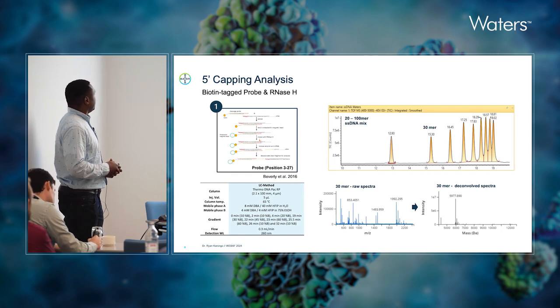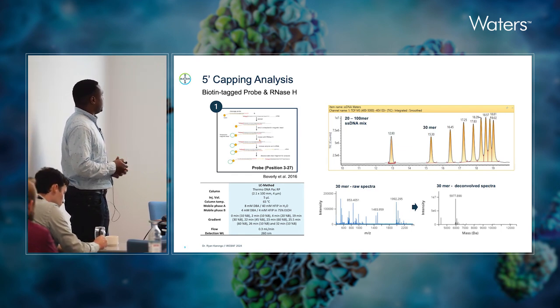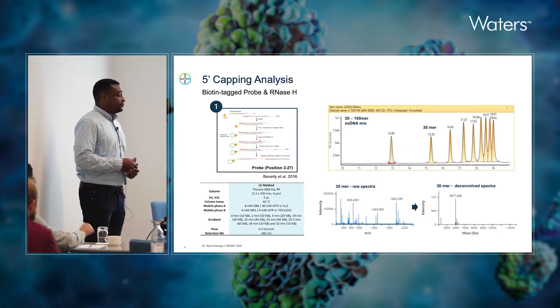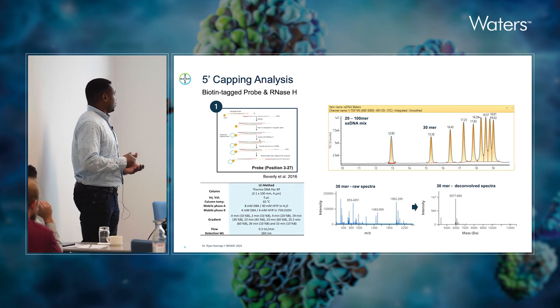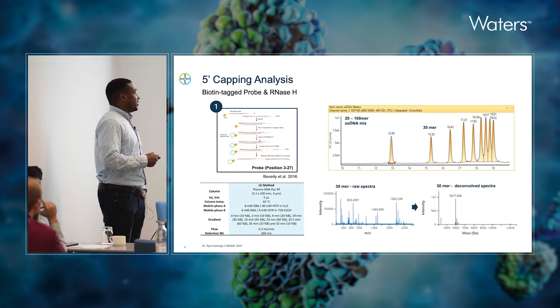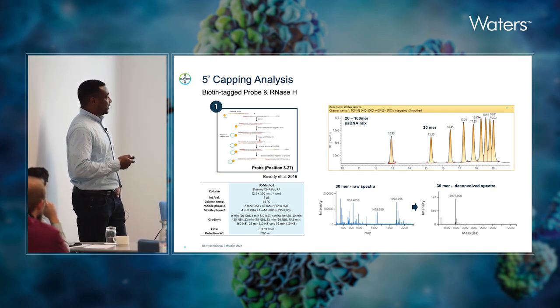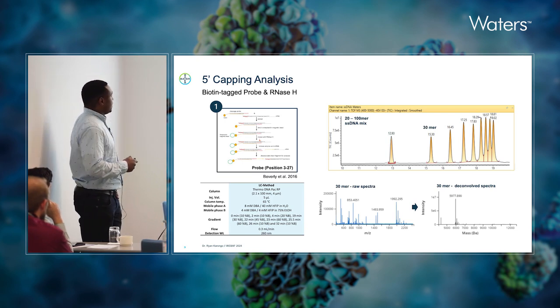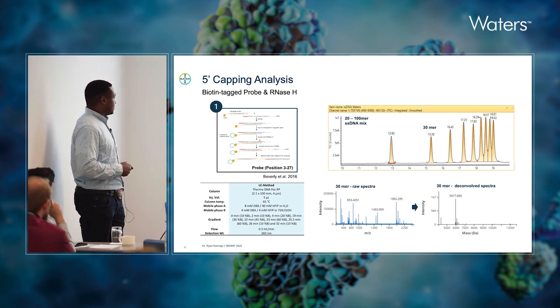So we perform the digestion. According to protocol, we use a probe which is 3 to 27 nucleotides long, and we optimize the separation for a 30-mer according to our expected fragments, which we will create using a DNA mix.